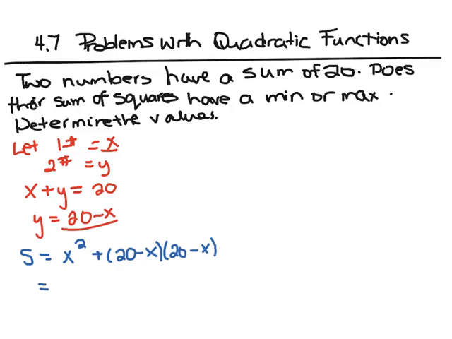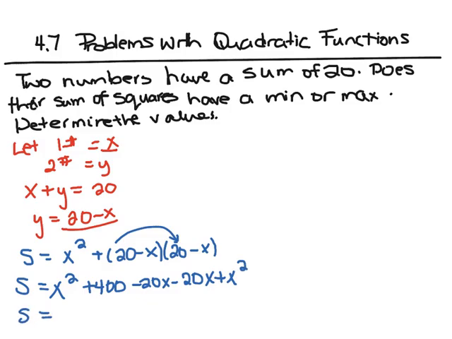So we're going to expand this out. x squared plus 400 minus 20x plus x squared. So we're left with 2x squared minus 40x plus 400.